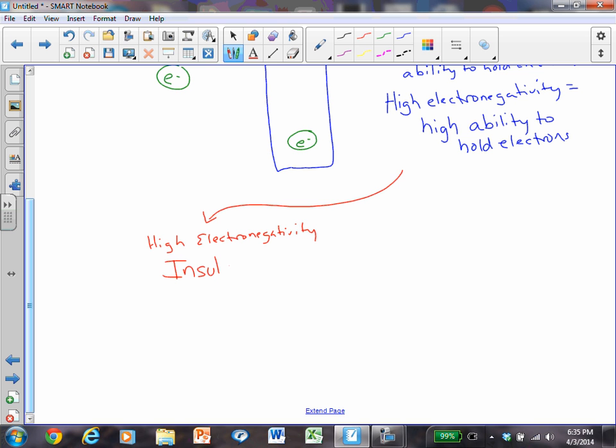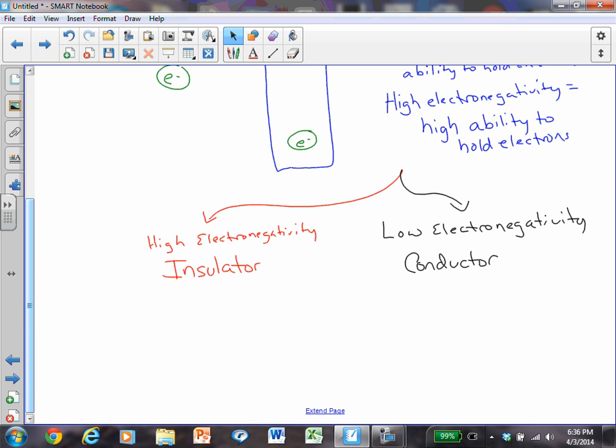If it has a low electronegativity, we call it a conductor. But there's a wide range. Some conductors are more prone to hold on to their electrons than others. Some insulators are more prone to hold on to their electrons than other insulators. So they're lumped into this dichotomy of insulators and conductors, but there's a range.